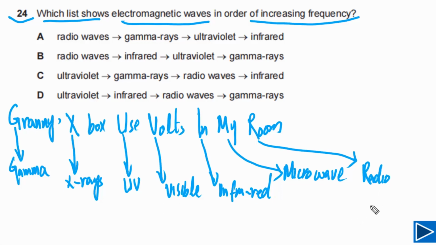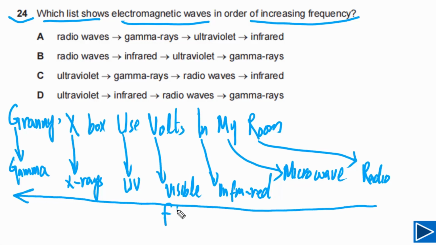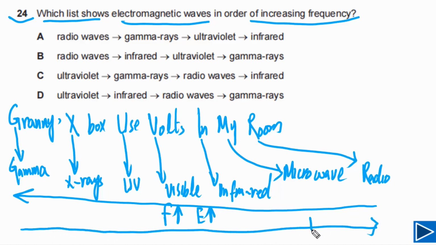Now, if we go from radio to gamma waves, frequency of the waves is increasing and energy of the wave also increases. But if we go from gamma to radio waves, wavelength of the waves increases. But for this question, we need to find out in order of increasing frequency, means from radio to gamma waves.